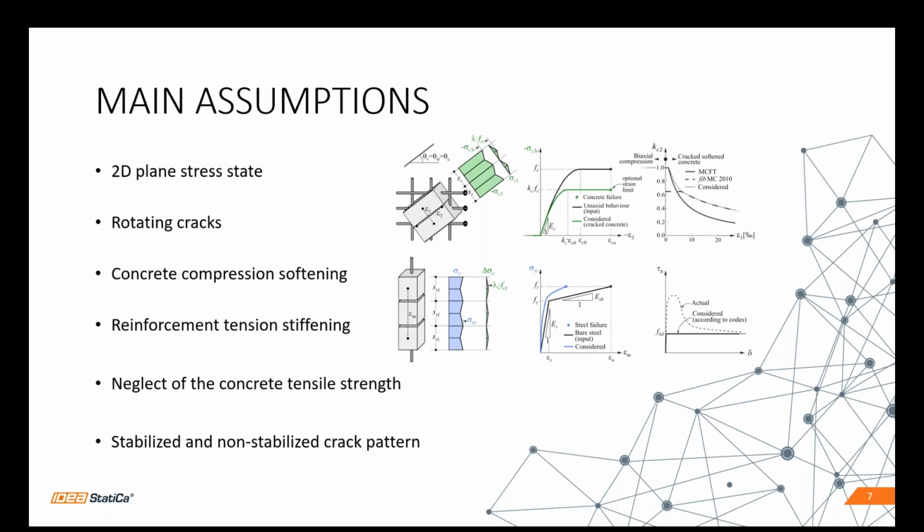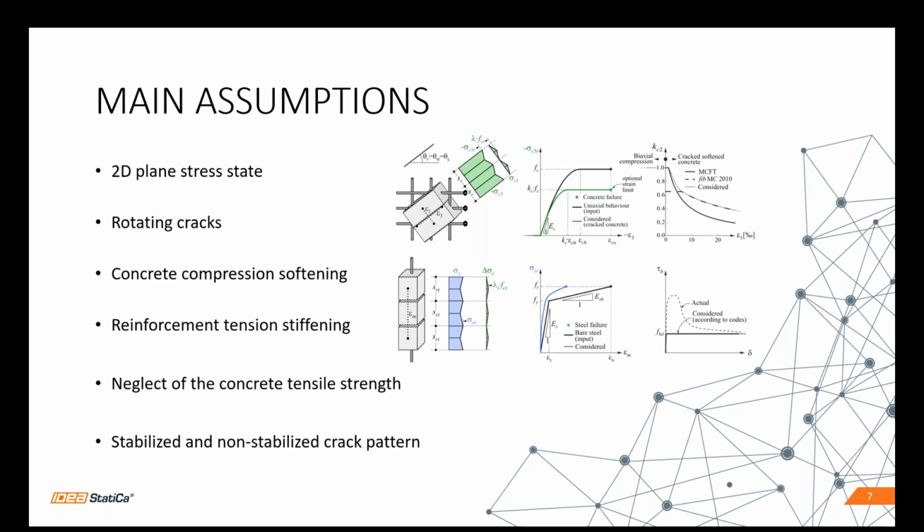On the other hand, the non-stabilized crack pattern is exactly vice versa. So it means that the reinforcement ratio value is lower than the critical value of reinforcement ratio, and the reinforcement is not able to carry the cracking load without yielding. So these are the main assumptions for IDEA StatiCa Detail application and its usage.